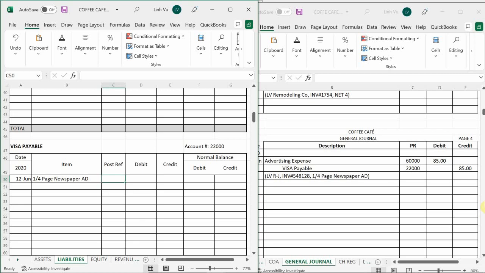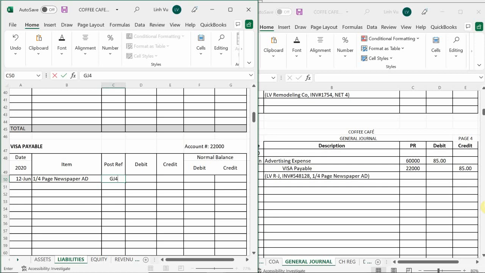But at least if you make a note here, you could compare and contrast your credit card statement through a bank reconciliation and check that, oh, okay, if I made a payment to Las Vegas Register Journal, then it must be for this 1/4 page newspaper ad. Okay, so that's what I can do here: I'm able to match my expenses to the vendors that I used to pay on my credit card.